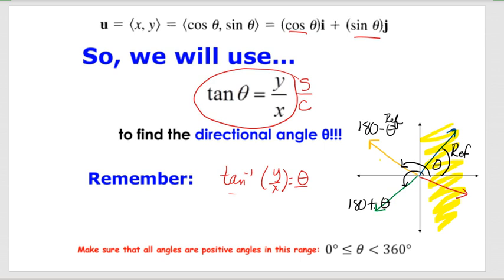And lastly, I'll do this one in red to match the red line. To go all the way around would be 360, and it's just shy of there, so it's 360 minus the reference angle, theta. It's not the 180, it's 360. And all angles should be positive angles.